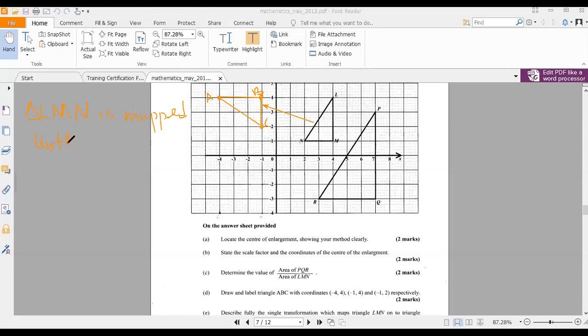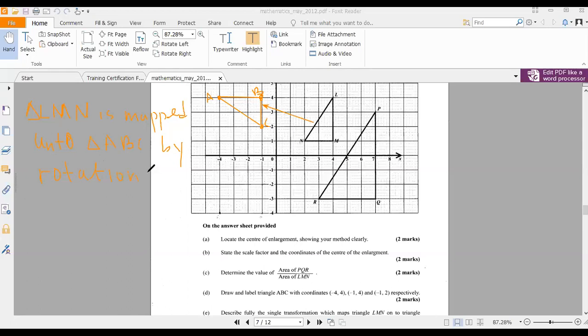Onto triangle ABC, by what? By rotation, right? Rotation, 90 degrees, with enlargement?